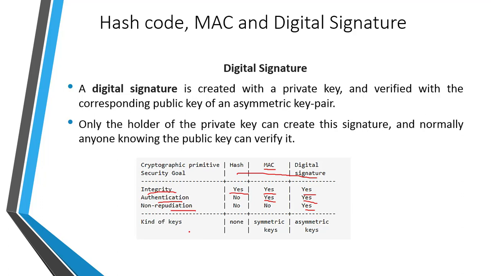As for the kind of key used, the hash function doesn't require any key. In MAC we are using the symmetric type of key, and in digital signature we are using the asymmetric key, that is the public-private key pair.